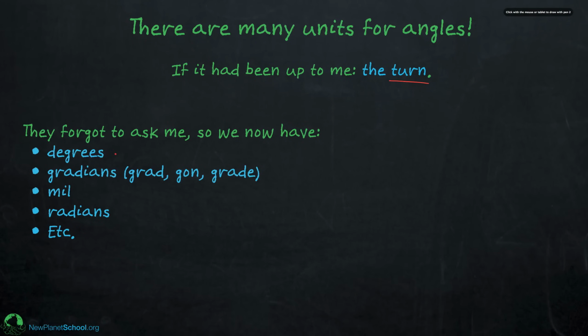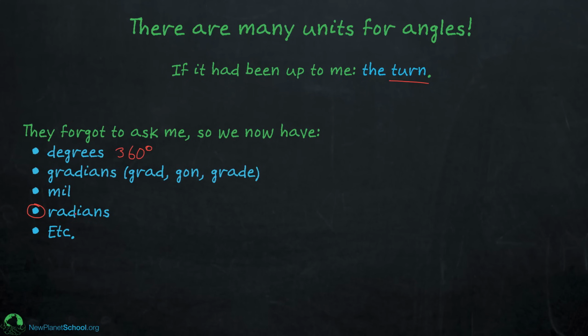A circle goes up to 360 degrees, and you have a little circle there to specify that. There are other units like gradians, and to make it complicated, there are 3 different ways of writing gradians here. And there's a unit called a mil used in the American military. There's also radians, which is one that we're very interested in, and so forth.